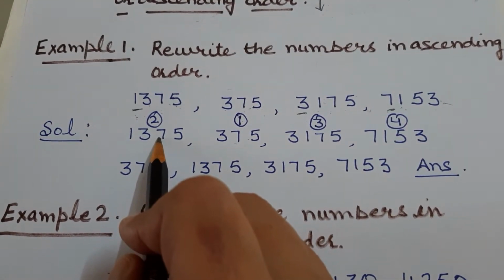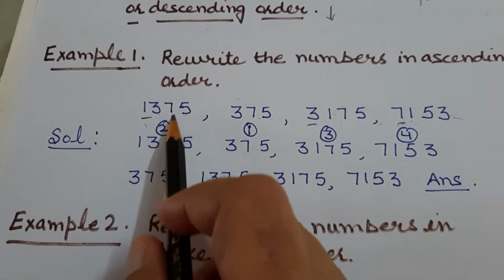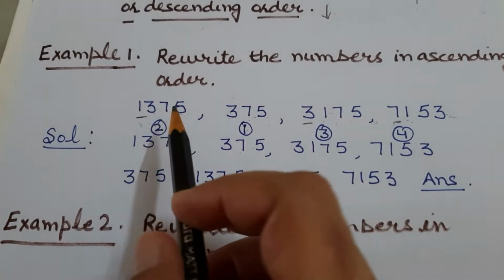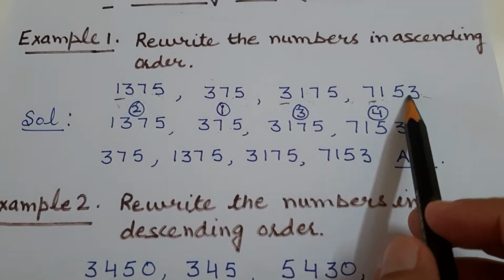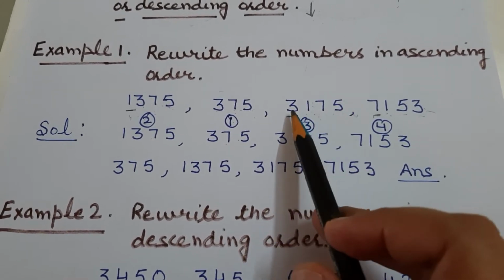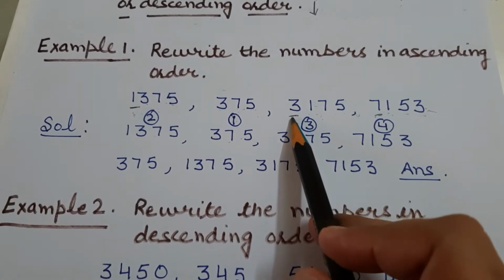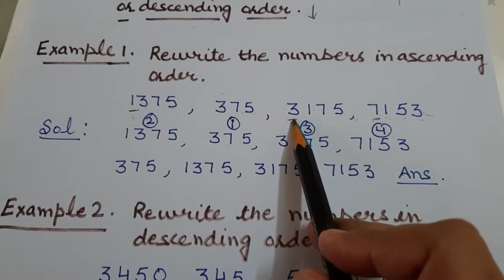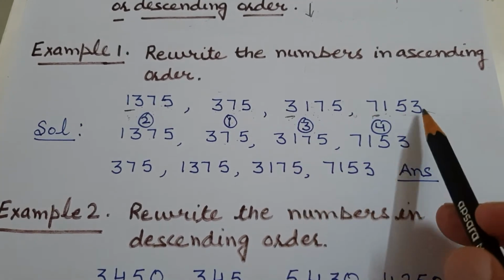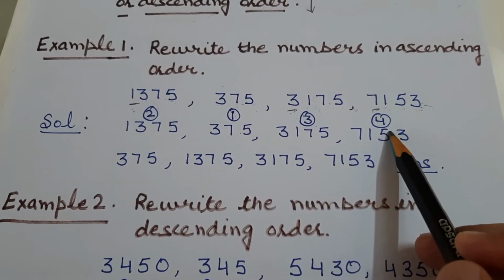Write down 2 on this number. Now these two numbers are left. We can see clearly that out of 3 and 7, 3 is smaller. So this number will come on third place, and this number on fourth place.